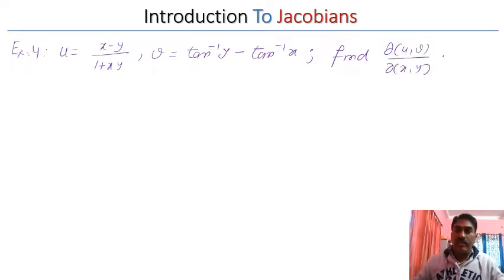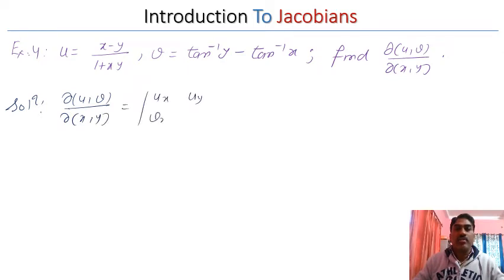So we already know how to write the Jacobian for two functions. So Jacobian of u and v with respect to x and y is ux, uy, vx, vy.